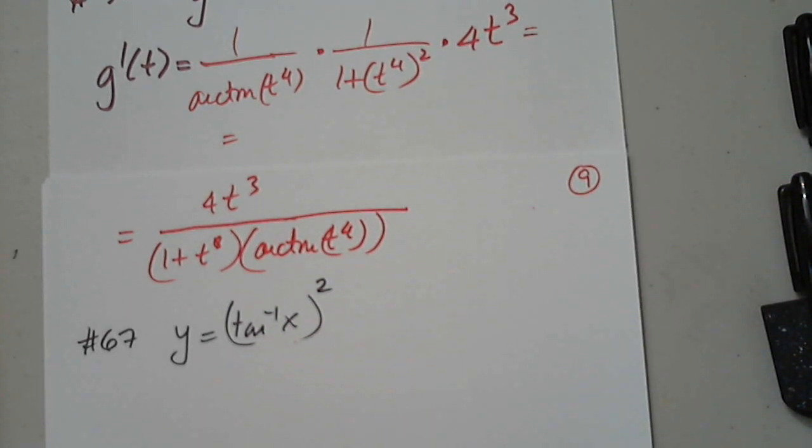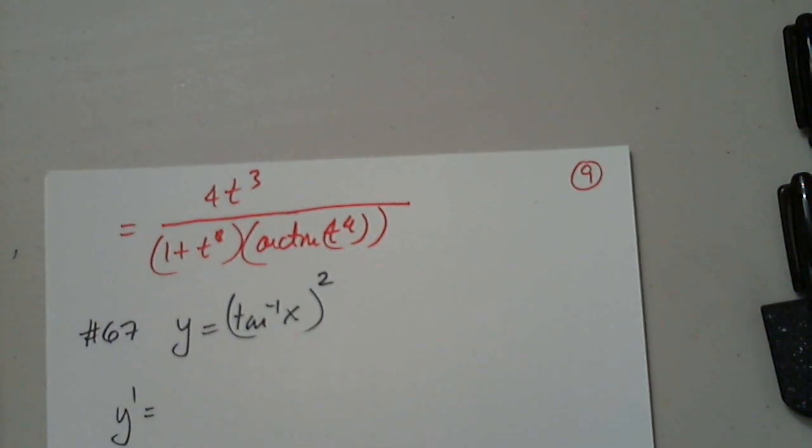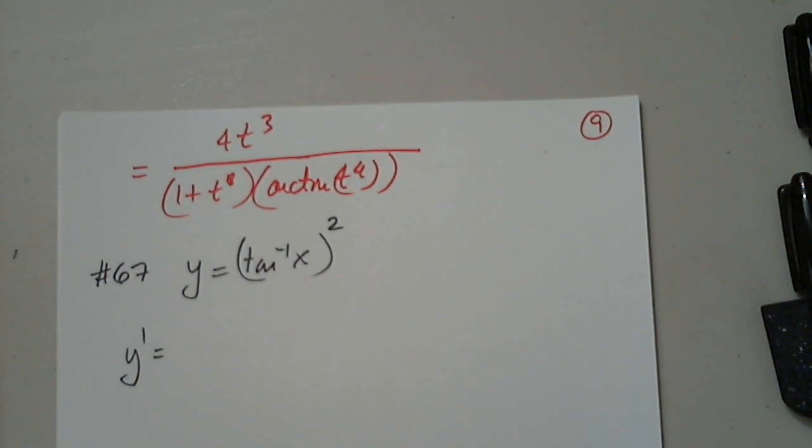Okay, so we want to find y prime. Which one is the inner, which one is the outer? Because we have to start with the outer. The power. Yes, so let's differentiate.